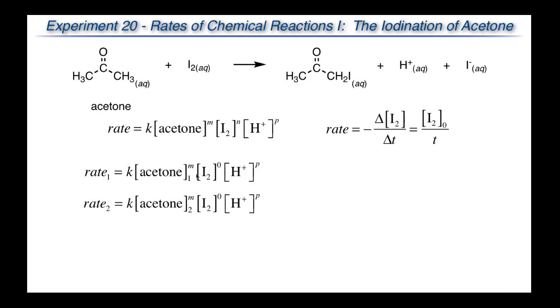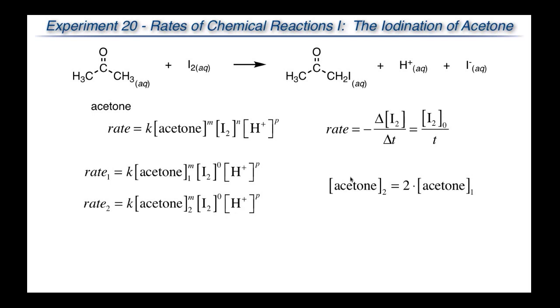And then we can repeat the experiment under a second set of conditions and get a second rate, where rate 2 is equal to the same rate constant, k, times the molar concentration of acetone under these new second conditions raised to the m power, again times the molar concentration of iodine to the 0 power, times the molar concentration of hydrogen ion to the p power.